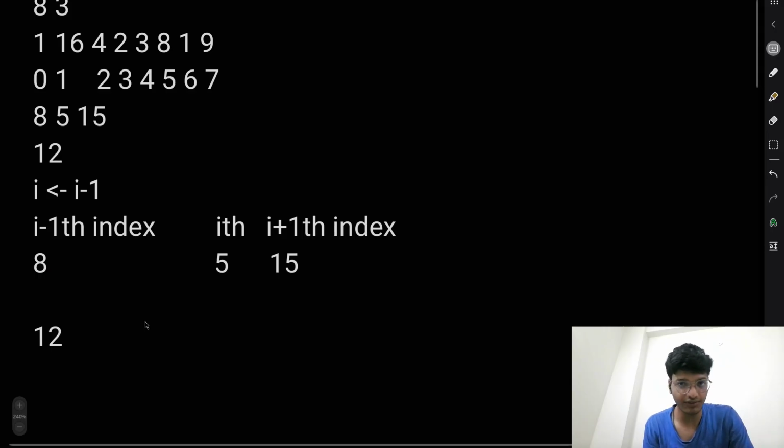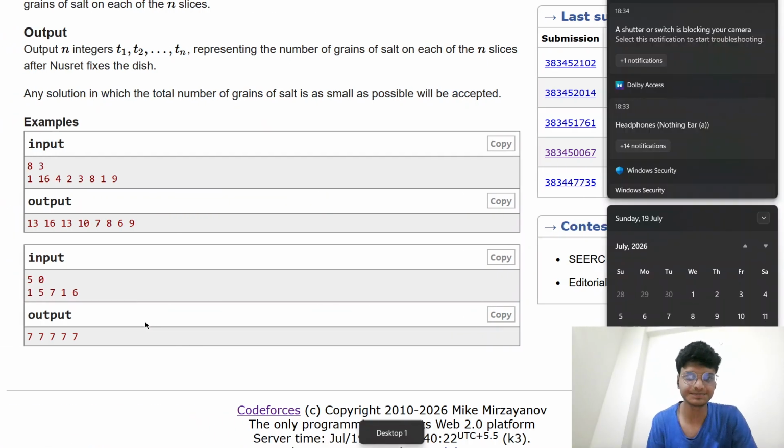That is how we will have to approach such types of questions when we cannot do it in a single iteration: we can just do it in increasing order and then decreasing order. This is how we can do this type of question. You will get it when you do some problems.